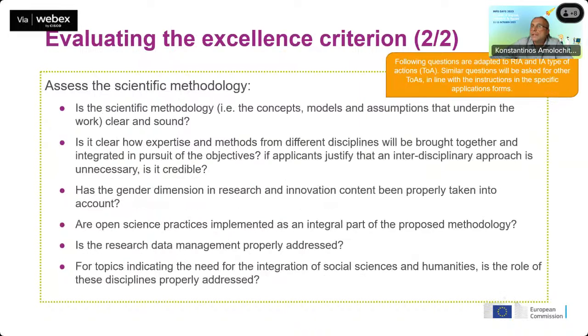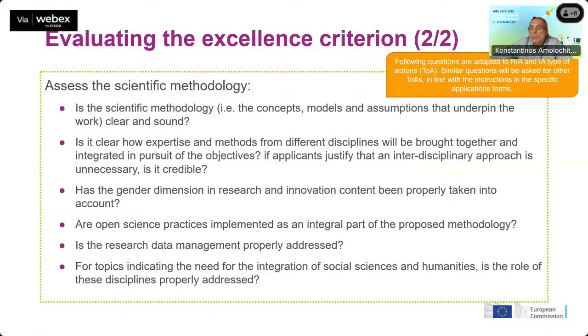Thank you. Now, this is the second sub-criterion from excellence. Here what we ask is to assess the scientific methodology. Is the scientific methodology clear and sound? Is it clear how expertise and methods from different disciplines will be brought together, integrating them in pursuit of the objectives?